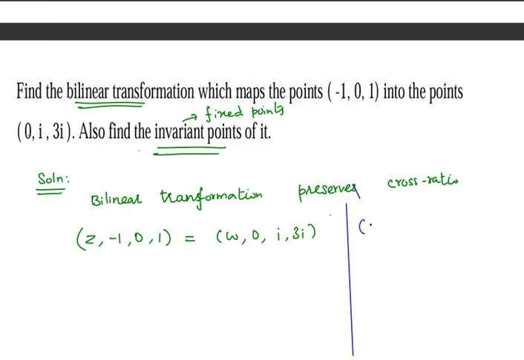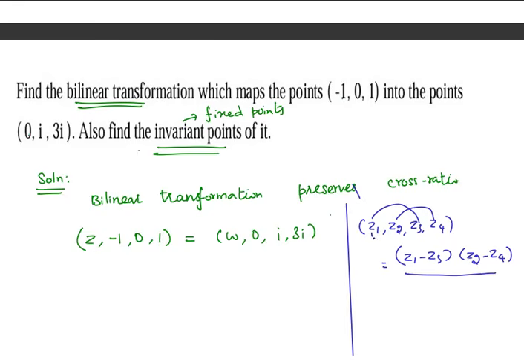For z1, z2, z3, z4, 4 distinct points, the cross ratio equals (z1 minus z3) times (z2 minus z4), divided by (z1 minus z4) times (z2 minus z3). So this is the cross ratio formula.